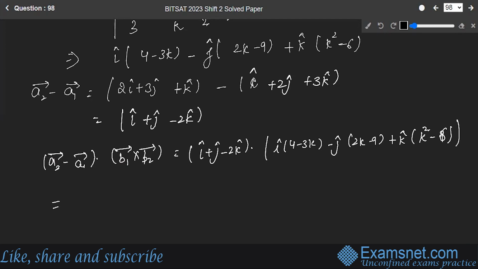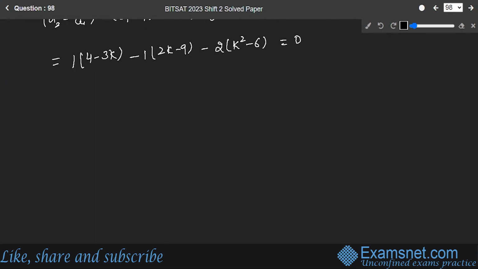So their dot product will give me 1 into 4 minus 3k minus 1 into 2k minus 9 minus 2 into k square minus 6. This should be equal to 0. Let's open up the brackets. You have 4 minus 3k minus 2k plus 9 minus 2k square plus 12 should be equal to 0, or minus 2k square minus 5k plus 25 is equal to 0.